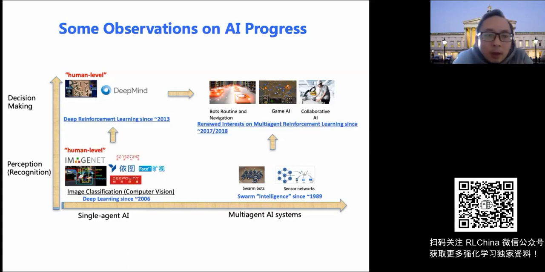Combining these two, it becomes so-called multi-agent decision making. Multi-agent decision making is about when I have multiple intelligent systems, which we call agents, and each of them tries to make a decision based on a certain objective they want to optimize.